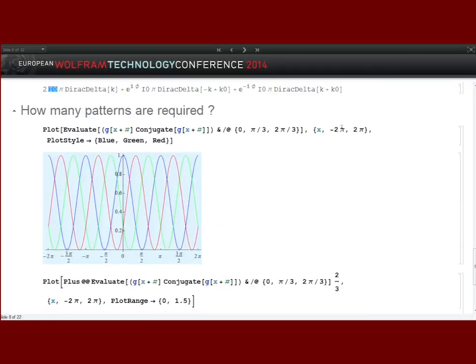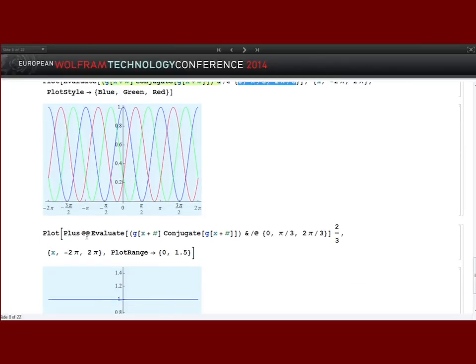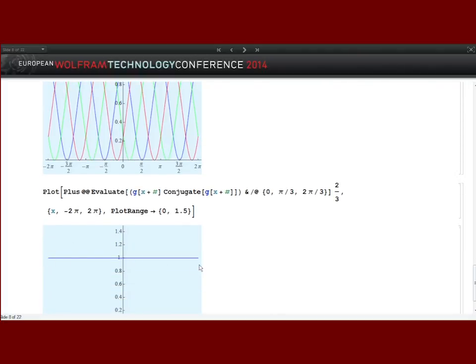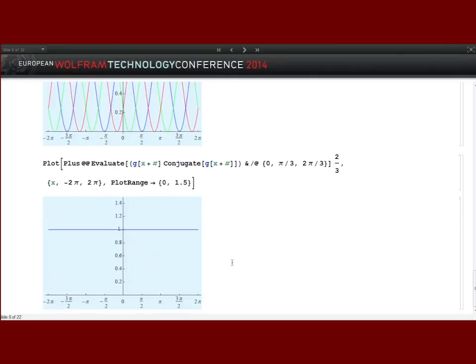So here I just generate those patterns, different phases you see here, 0, pi thirds, 2 pi thirds, and then here I generate the same functions and just add them. Then you see we come up with an even function again. So that is an indication, I would say, that if we have 3 of those patterns, we can get all the information that we have about the object.